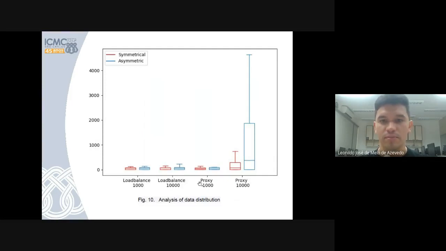This box plot shows the experimental behavior. We can see with 10,000 requests and without the balance, the asymmetric algorithm, in this case the RSA algorithm, looks like a kind of chaotic. And with a load balance, the time has an improvement here. I want to see the time behavior.